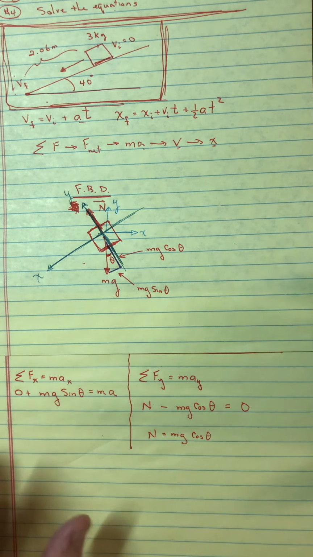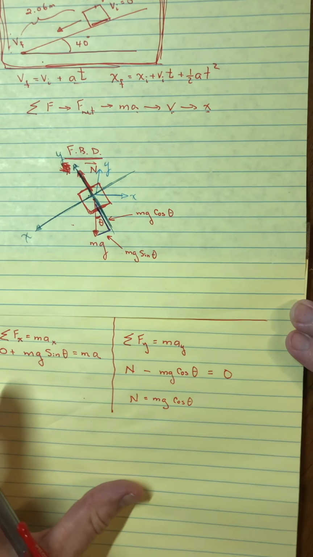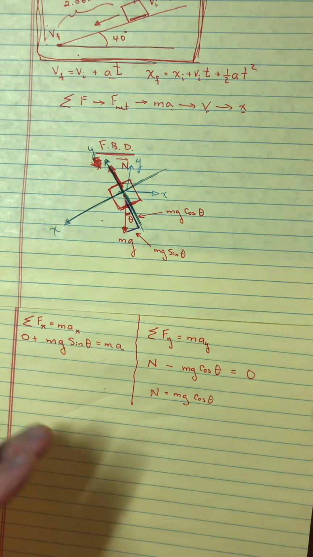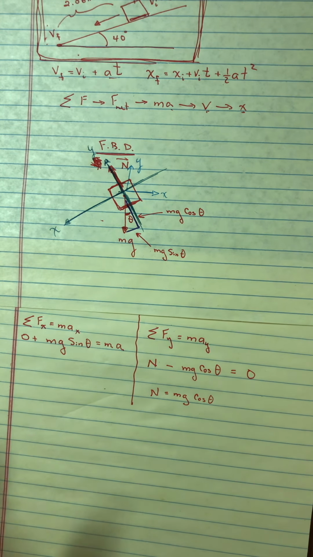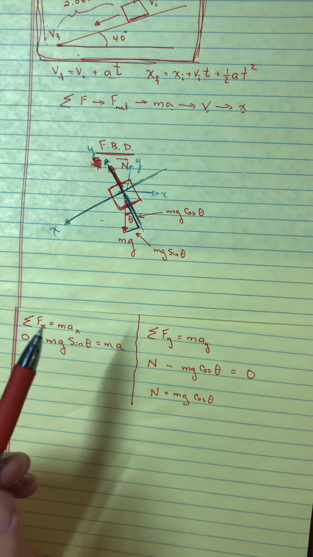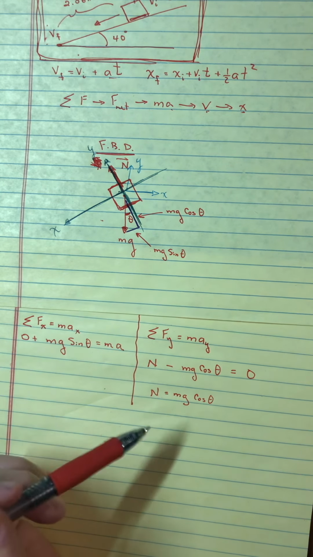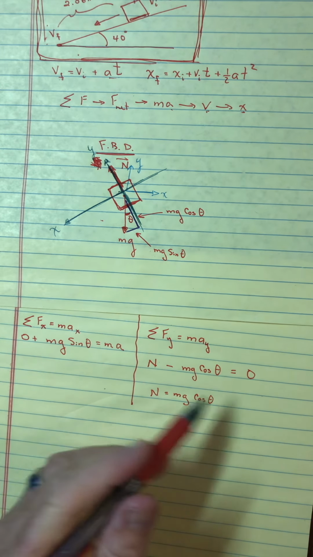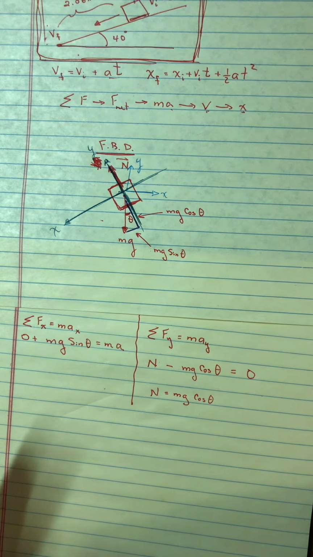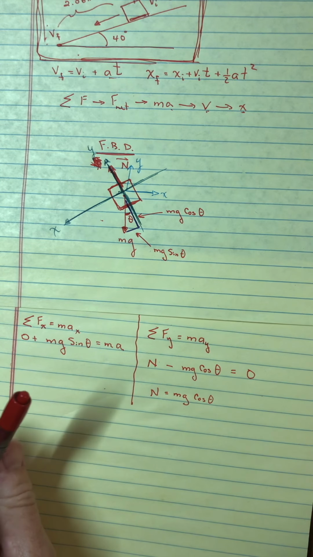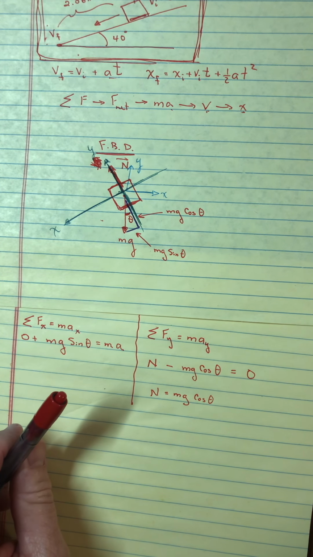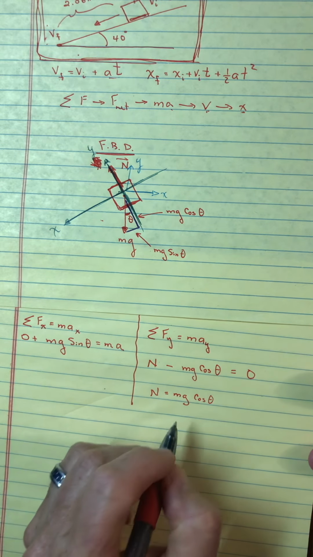But I do know that you are going to be asked to do this in the future. So this is kind of easing you into it. But you're going to see that if this one involved friction, in order to answer how much friction there is, you first have to do the normal force. So that could be useful if there was friction. For this problem, it's not really useful. But nonetheless, I'm going to calculate it.